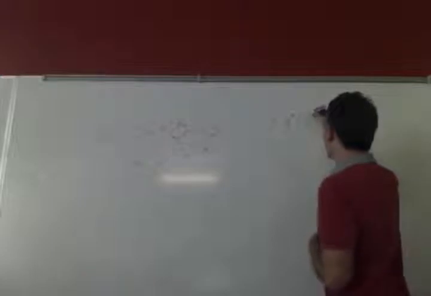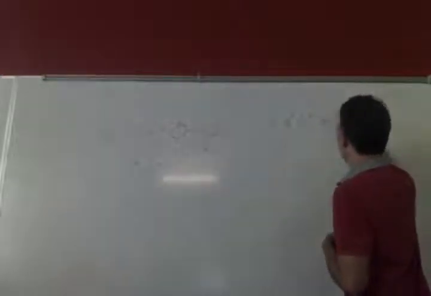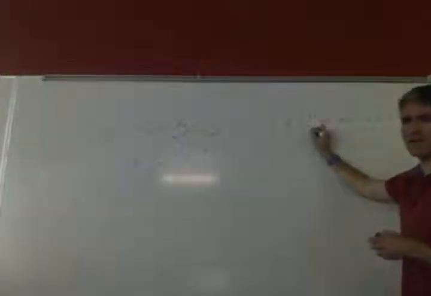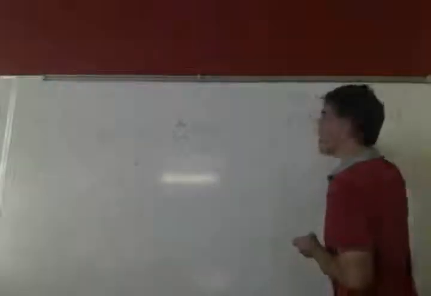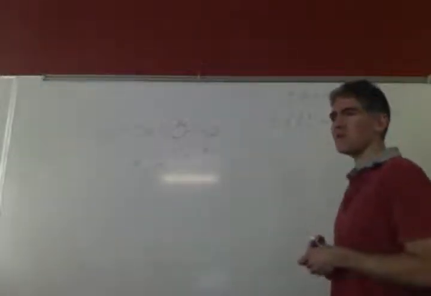A to the M, B to the N, C to the L, where either M equals N or N equals L. A, B, and C are terminals, so our sigma for this is A, B, and C. Those are our alphabets. The M, N, and L here are referring to the number of repetitions of that.